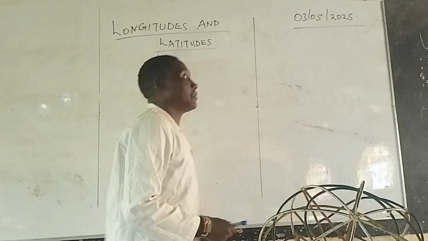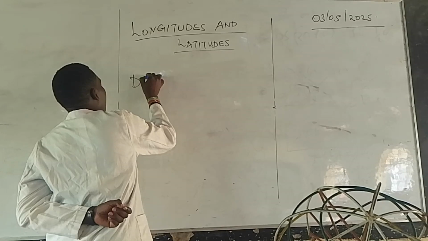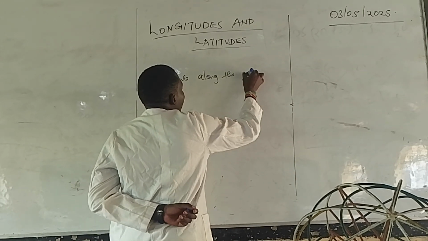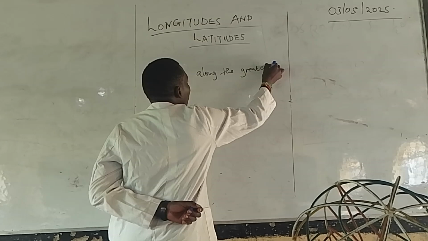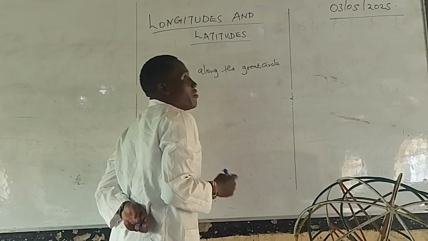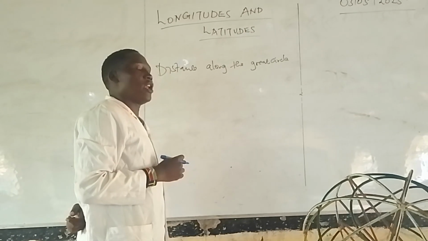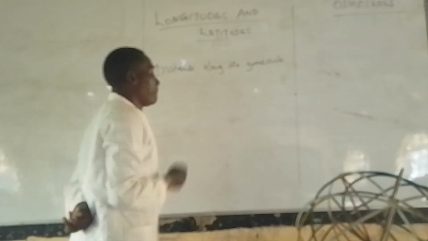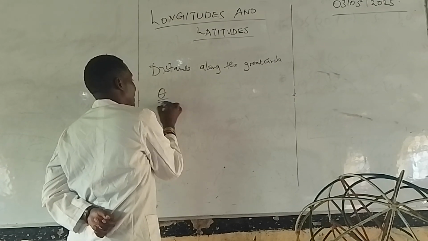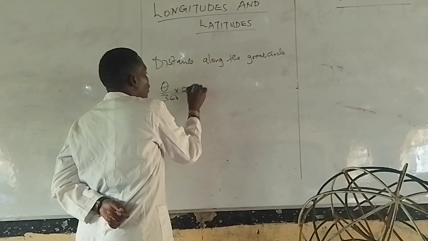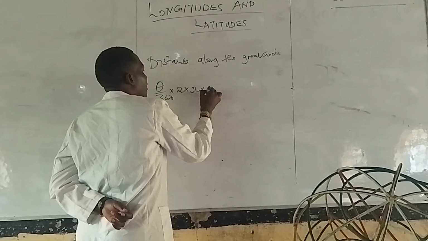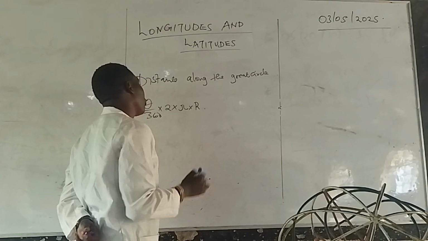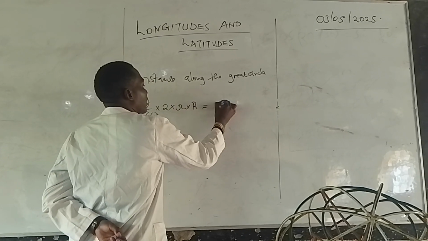If we are calculating the distance along the great circle, the first thing we need is the angle difference, because the distance is given by the formula theta over 360 times 2 times pi times R. Allow me to use the capital R. It gives us the distance in kilometers.